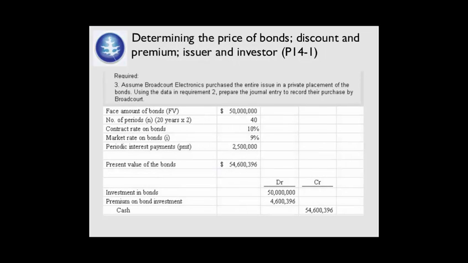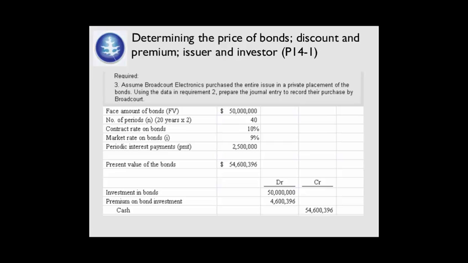Okay, the third requirement says, assume Broadcourt Electronics purchased the entire issue in a private placement of the bonds, and use the data in requirement 2, which means we're assuming the market rate on the bonds was 9%. Okay, well, we've got the solution in front of us at the top, and on the bottom of the image you'll see how Broadcourt Electronics would record the investment in bonds.